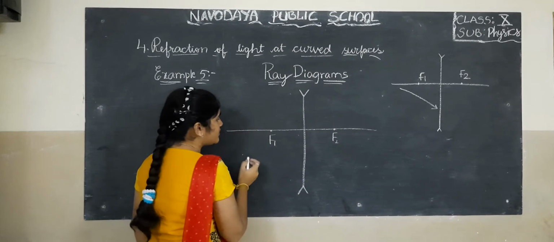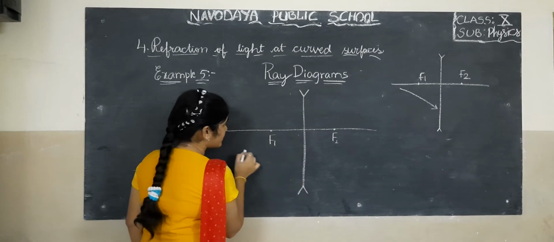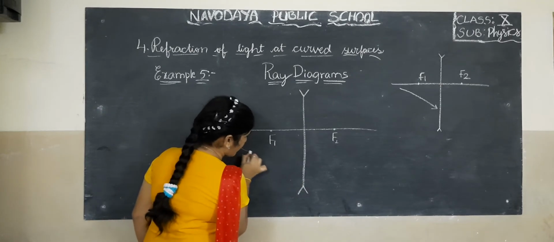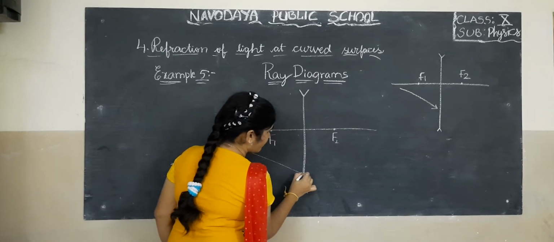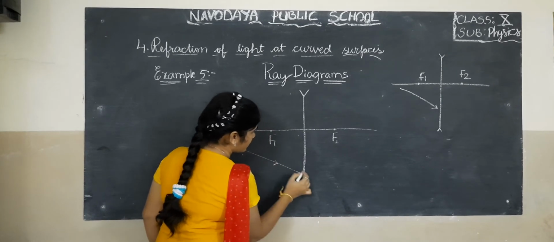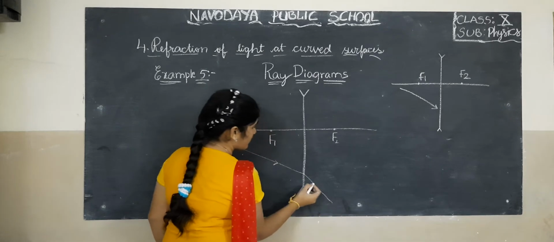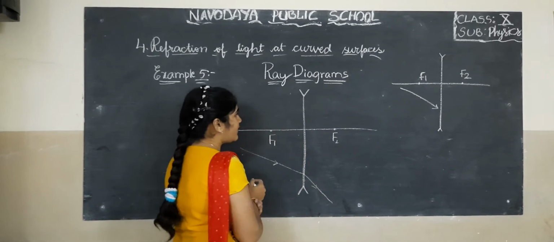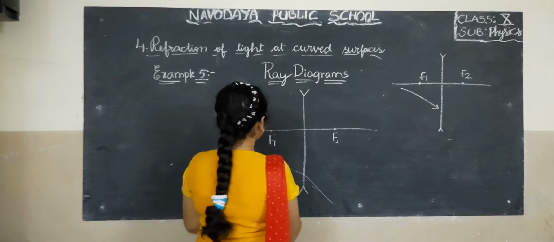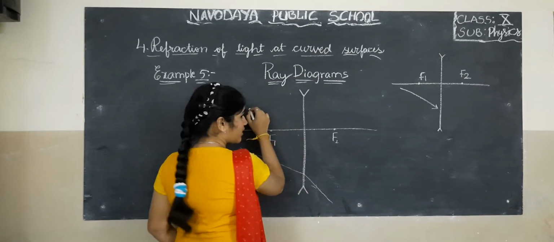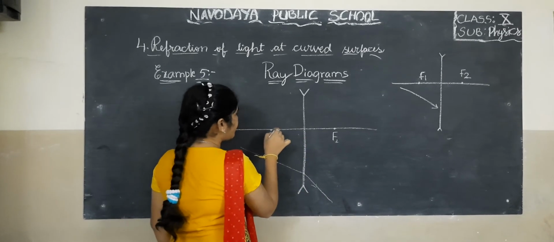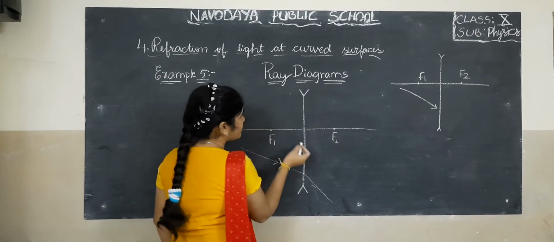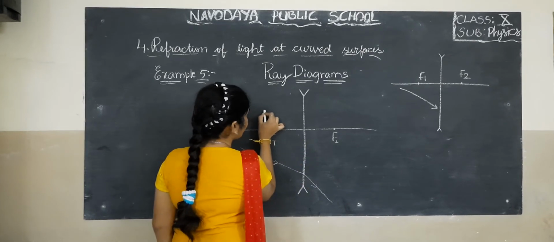Now we have to draw the first light ray which meets on the lens and diverges. And we have to draw the second light ray parallel to the first light ray which passes through the optic center.